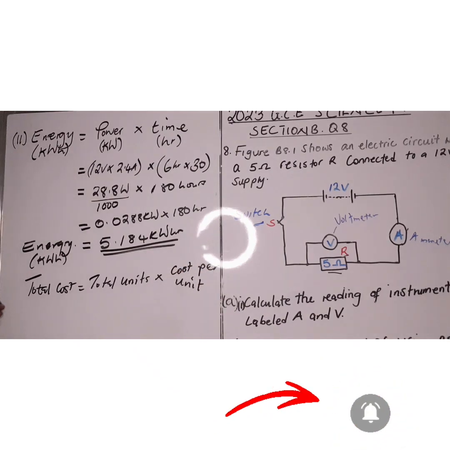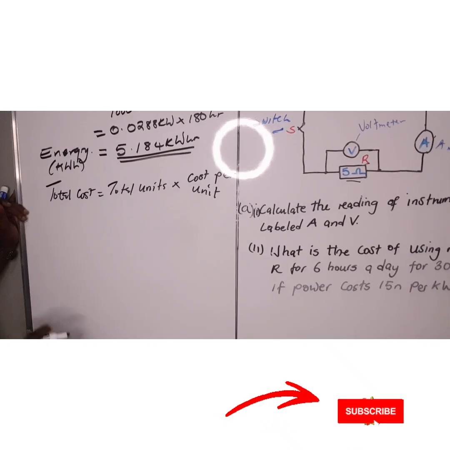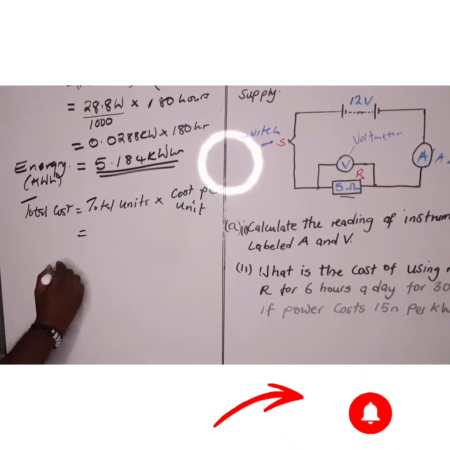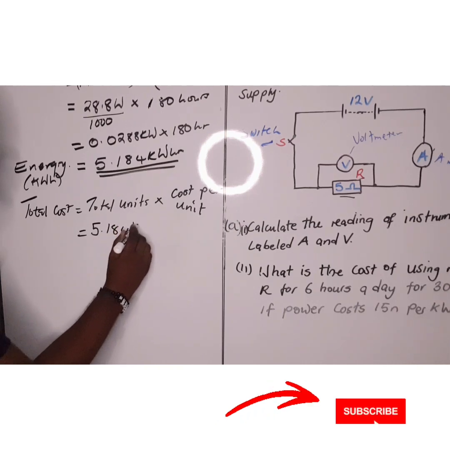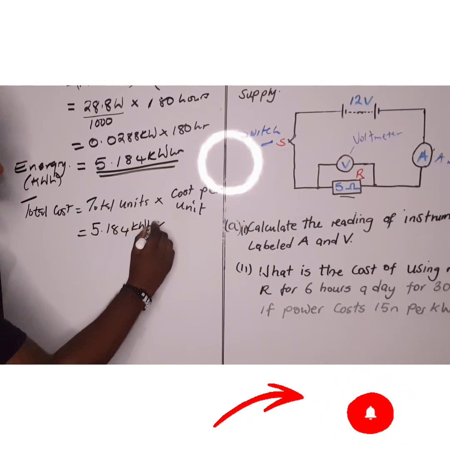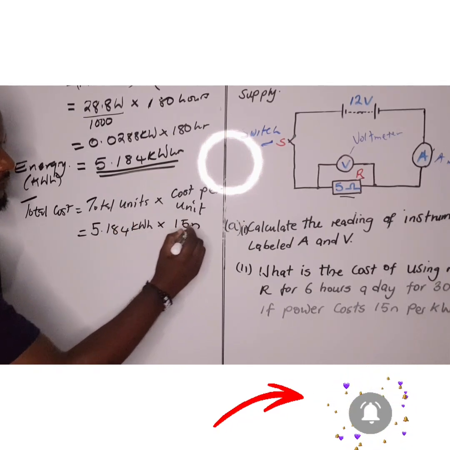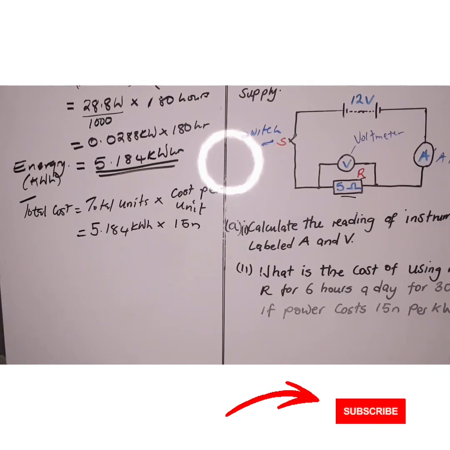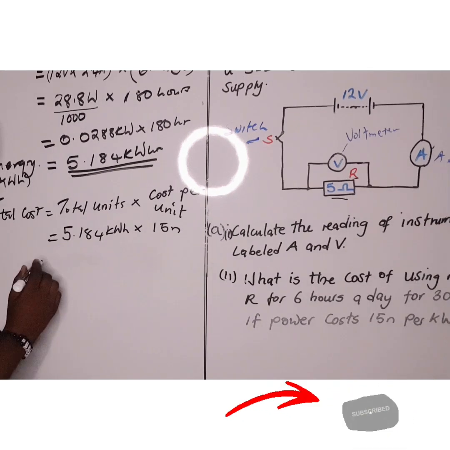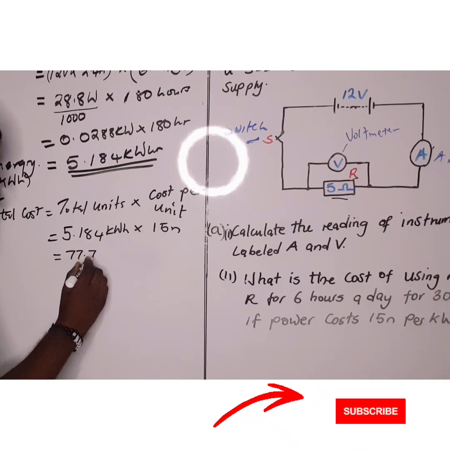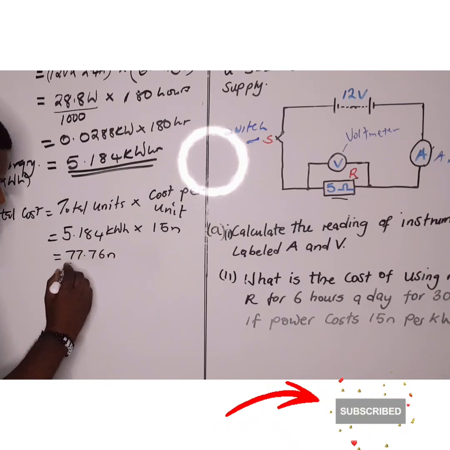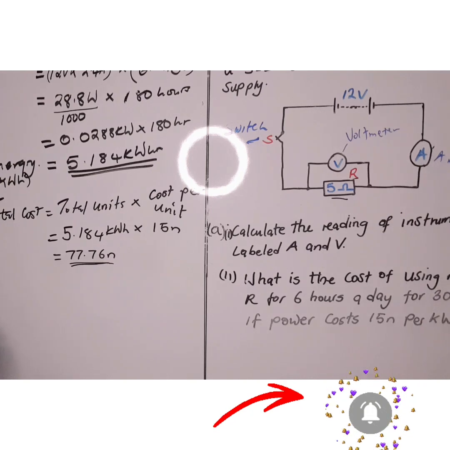So the total units is 5.184 kilowatt hours multiplied by 15 ngwe. When you multiply that, you are going to have 77.76 ngwe. This will be the total cost.